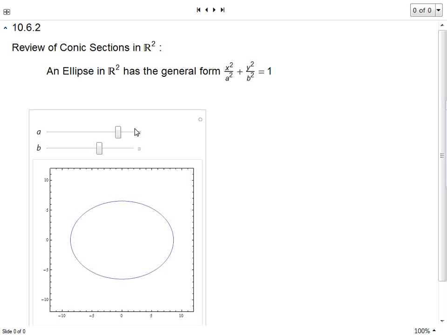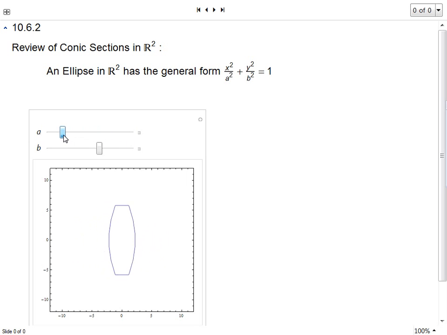And then it's set equal to 1 instead of r squared. Notice that if a and b are the same here, we can multiply both sides by a squared, and then you get x squared plus y squared equals a squared, which is the equation of a circle. So if a and b are the same, we have a circle.